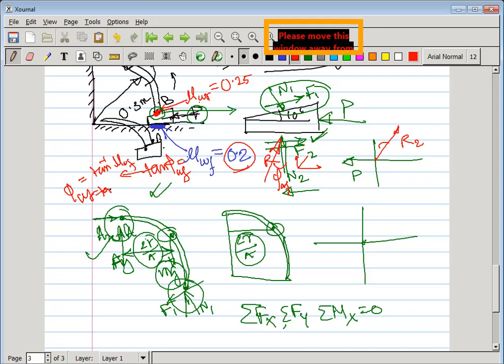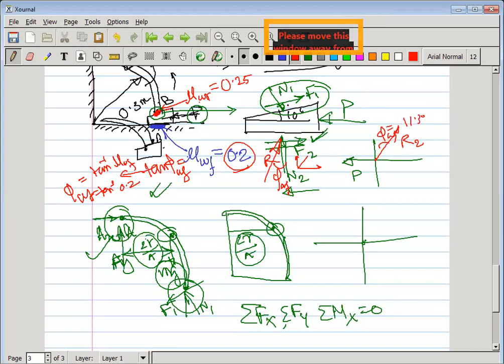So tan inverse of 0.2, how much is it? 11.3 degrees.